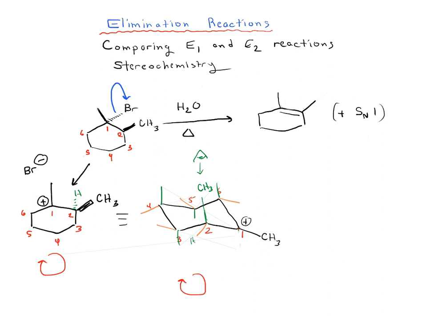So what about an elimination reaction coming from this conformation? Think about what would have to happen here. Remember, we can look at these through the lens of a Newman projection. If we were to look along carbon 1 and carbon 2, we would see something like this. We'd see CH3 pointing off to about 9 o'clock here.